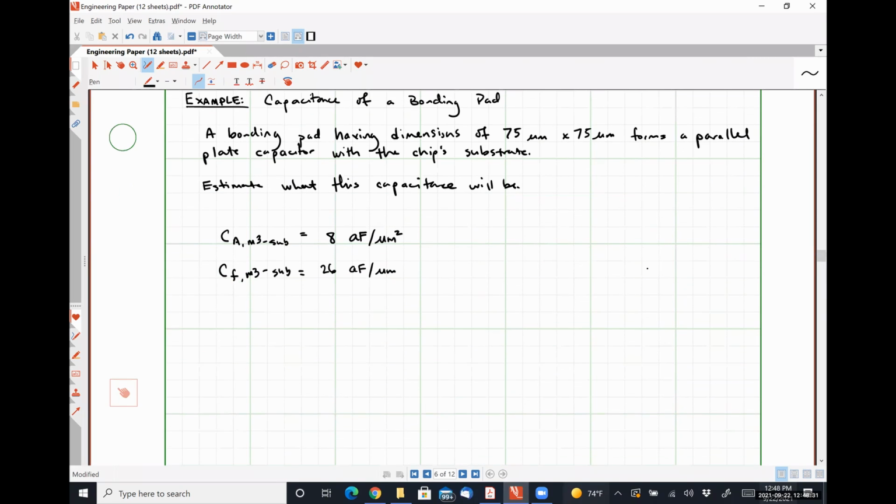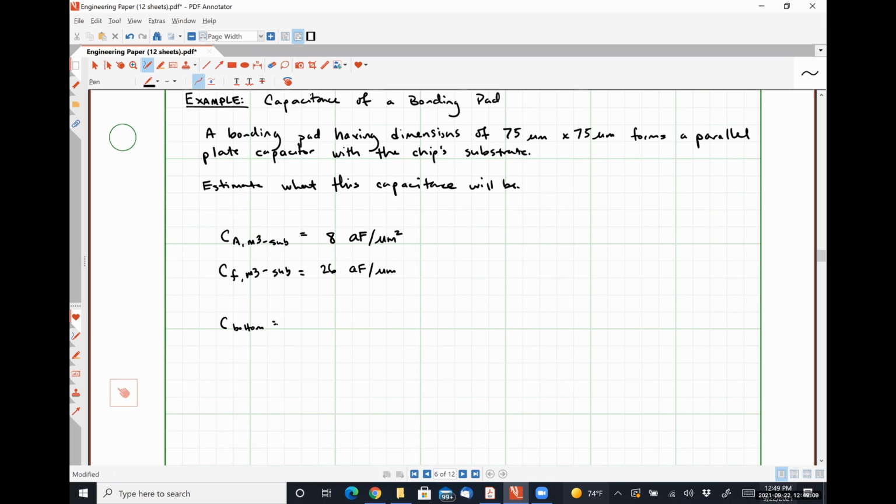All right. So our bottom plate capacitance, this is the area capacitance that we were seeing. How are we going to figure out what that is? Hopefully shouldn't be that hard for any of you guys. What do we need to do? All right, so let's just worry about the area contribution first, and then we'll concern ourselves with the fringe.